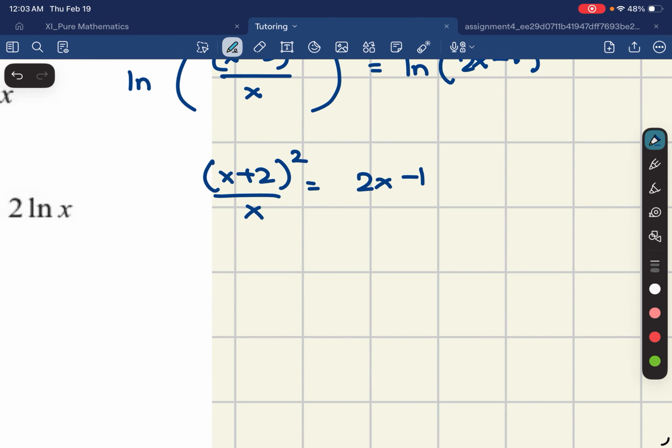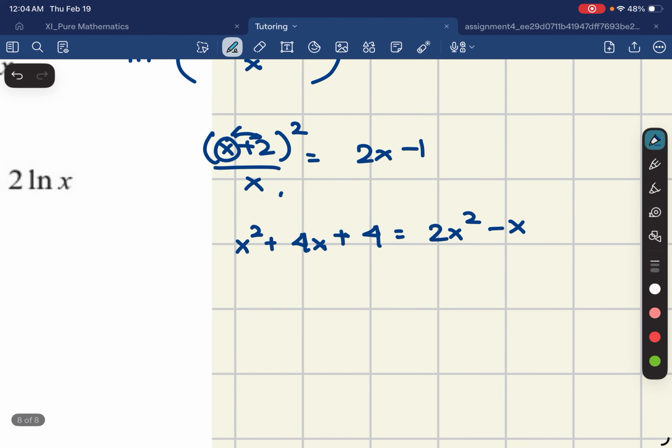Then I can actually expand the square. So this is going to be the first term squared, plus you multiply these two: 2 times x is 2x, and then you multiply by 2 again, so that's 4x, plus 2 squared is 4. And I have 2x squared minus x when I multiply by x on both sides, and these cancel out.